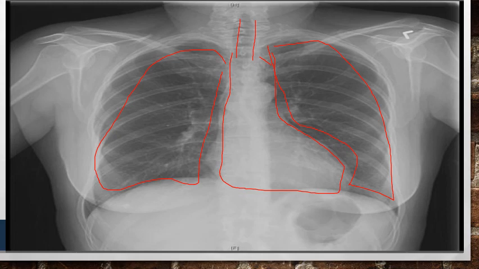As we see, the lung fields are to some sort dark or radiolucent, but the degree of the color here is not like the degree of the color here. Both of them are black, but there is a change in the degree of the blackness. Here it's called the jet black. The air outside the body is called jet black, pure air. But the lung has air plus blood plus bronchovascular markings.